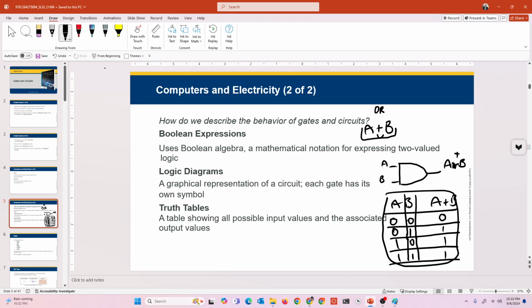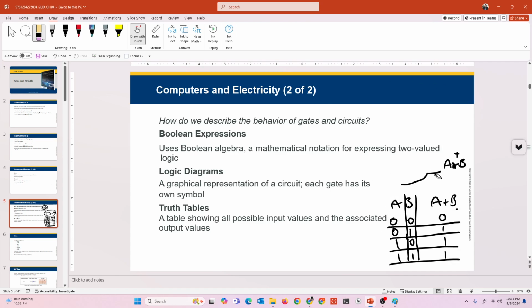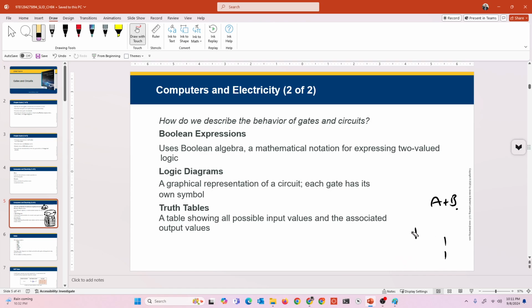This is how I represent a truth table, this is how I represent a logic diagram, and this is how I represent the Boolean expression. Okay, just so you can see it in action better than just giving you a definition by words, because this is much better to see and understand what it means than just read it.